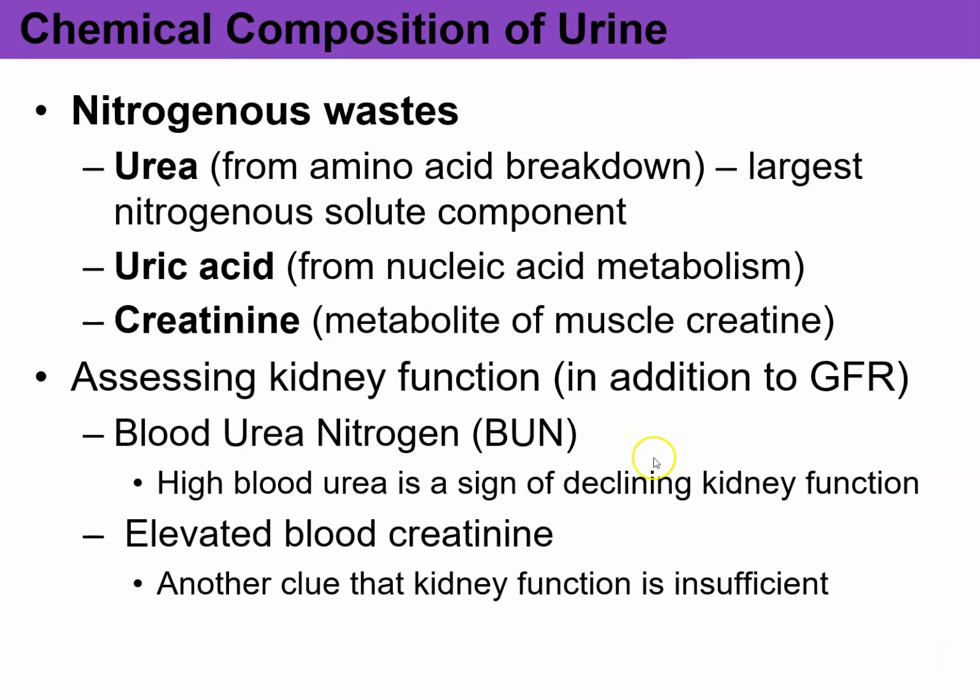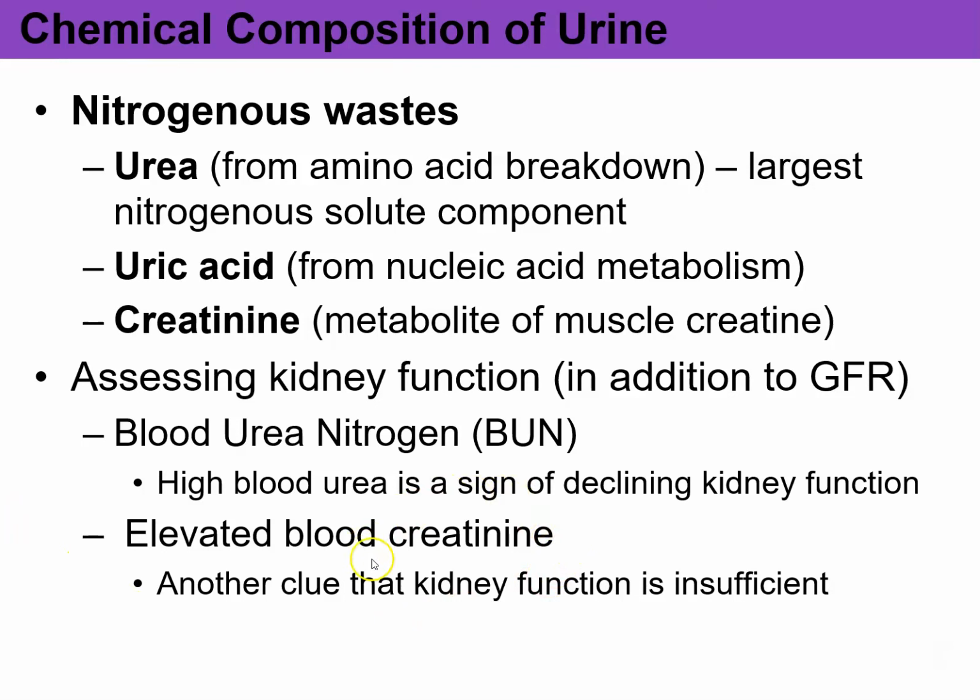It's a classically used test to look at the total amount of nitrogen, and if the amount of nitrogen is going up, it pretty much means there's more urea accumulating in the blood. It's a sign of declining kidney function. So if you order a panel of blood analysis from the lab, one of the things you'll see on there is blood urea nitrogen, and if it's higher than normal, you can bet that the kidneys are struggling.